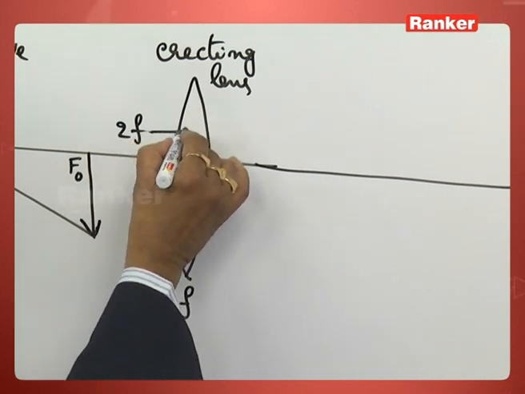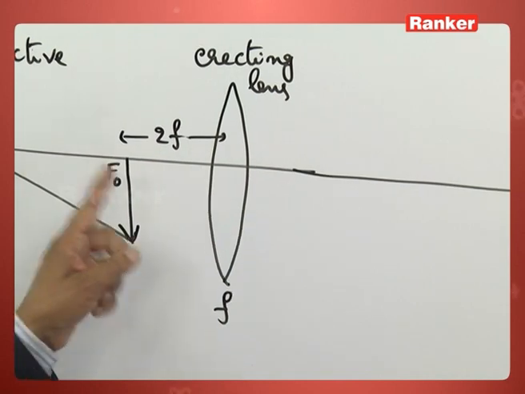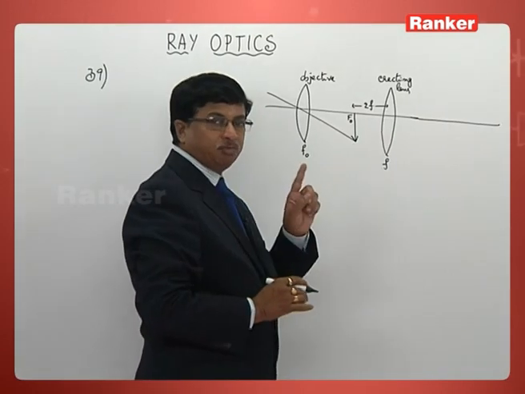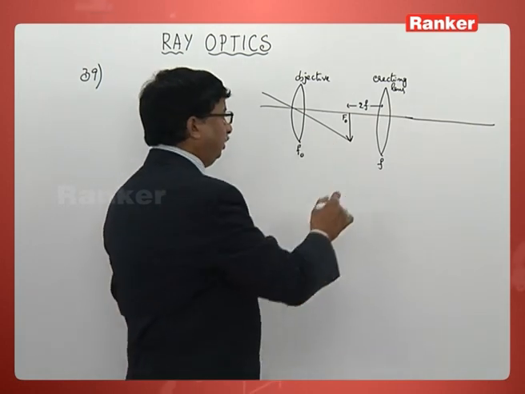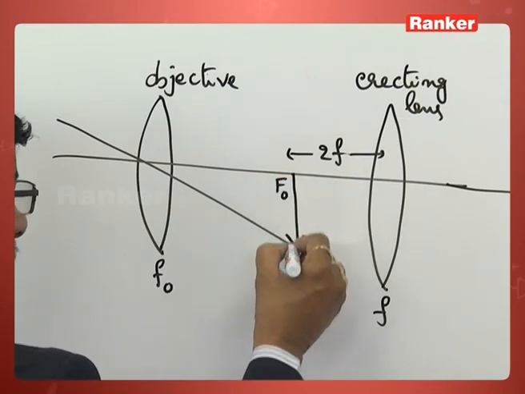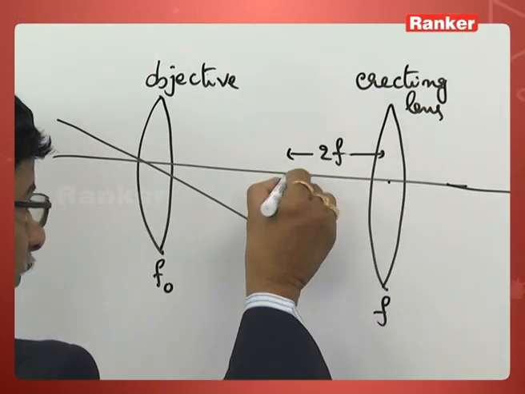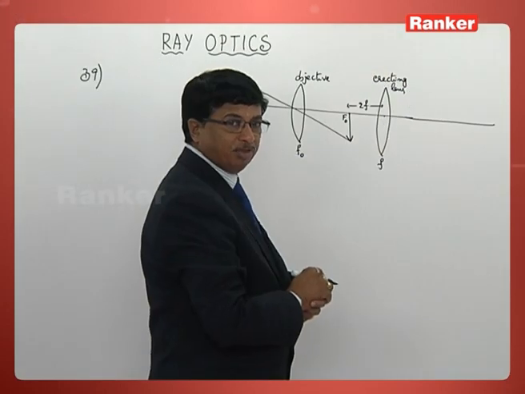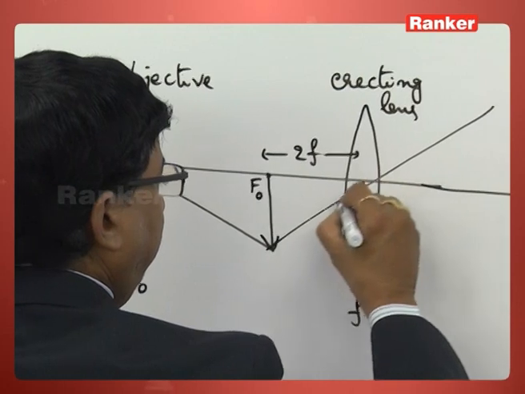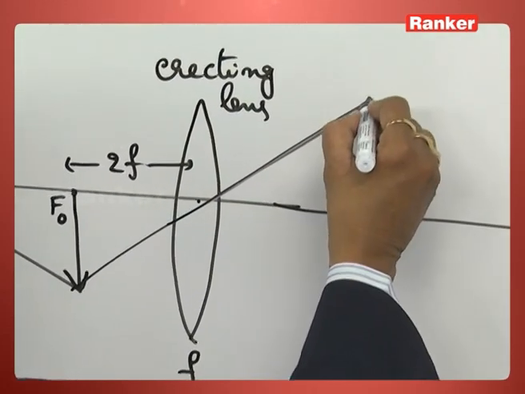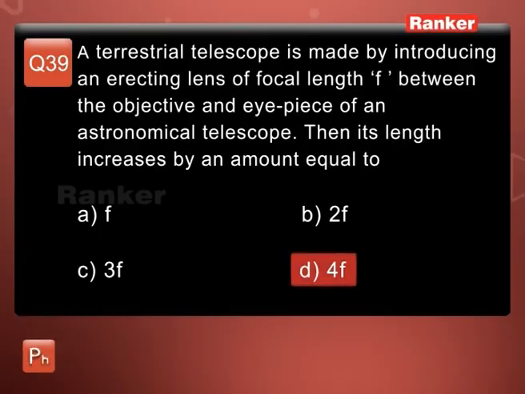You all know pretty well, the erecting lens is to be placed at a distance 2f from the real image formed by the objective. So, what we should understand in this case is, this image formed by the objective should now be at its center of curvature. That is the concept. Then automatically we will find its image again formed by this lens. At what distance will the image be formed again?